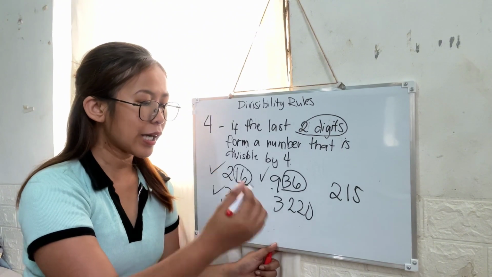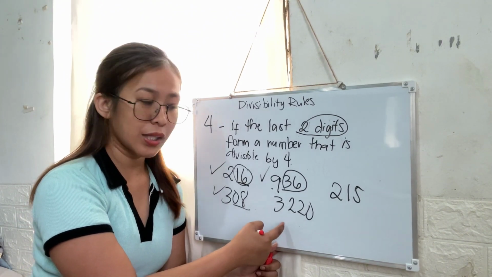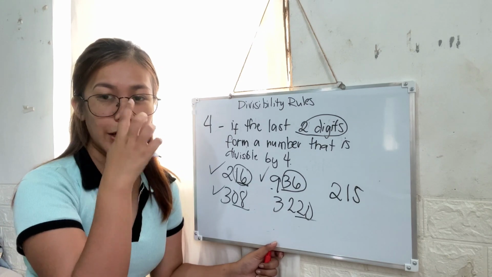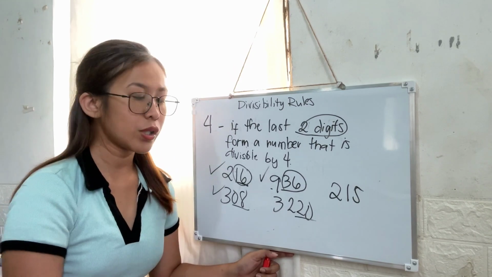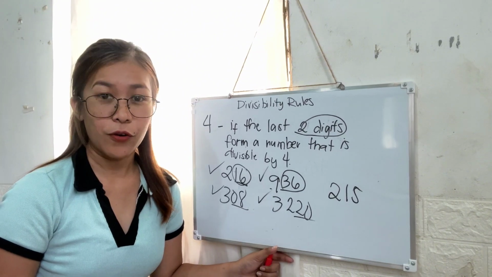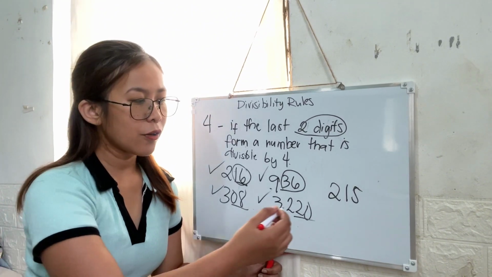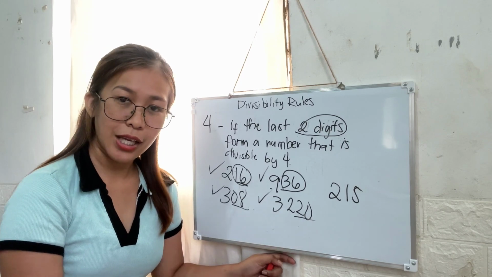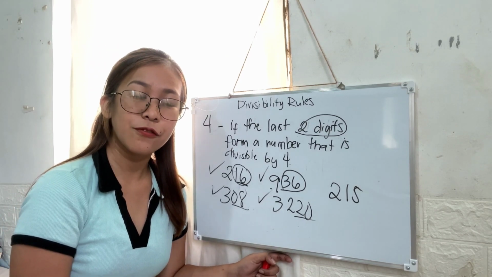The next one is 3,220, and 20 is actually divisible by 4 because 20 divided by 4 is 5. So, there's no remainder. So, 3,220 is divisible by 4. And ganun lang kasimple. And also, the last one is 215. Do you really think that 215 is divisible by 4 or not?